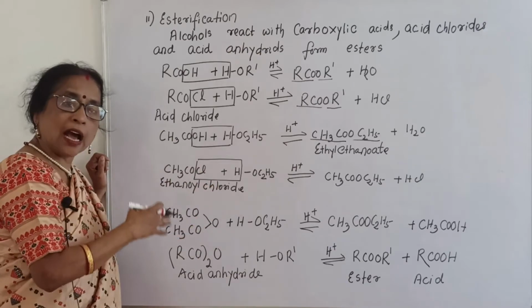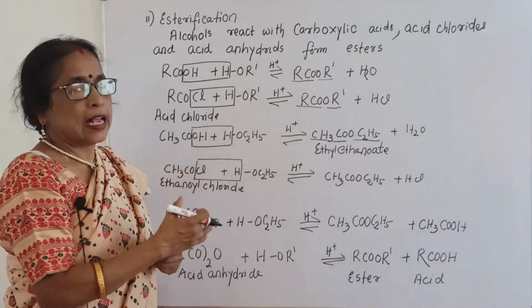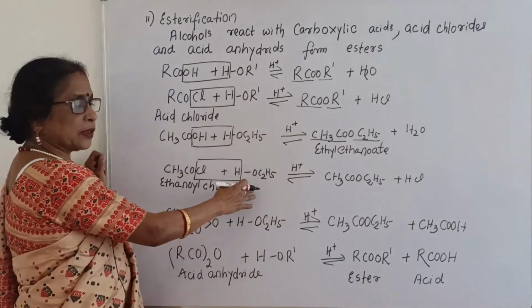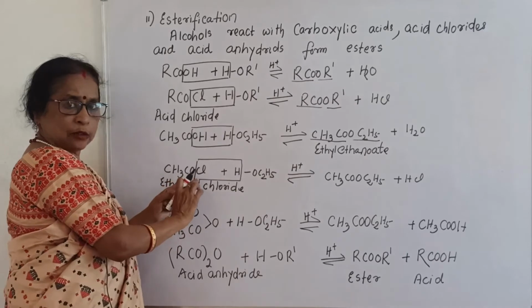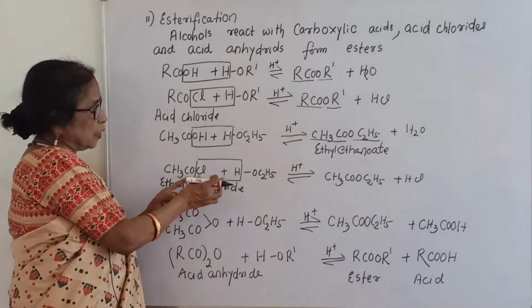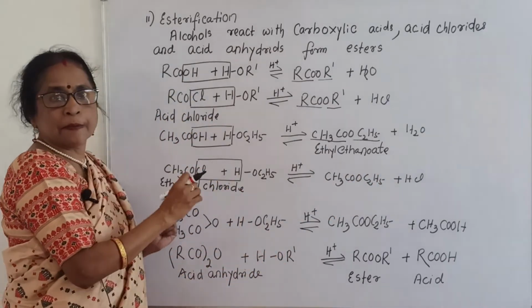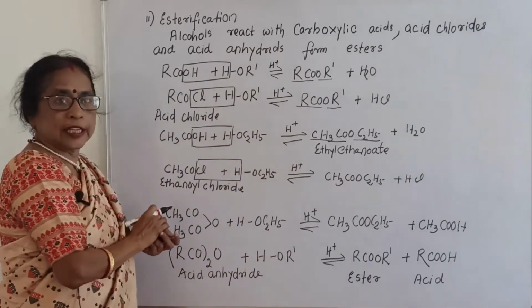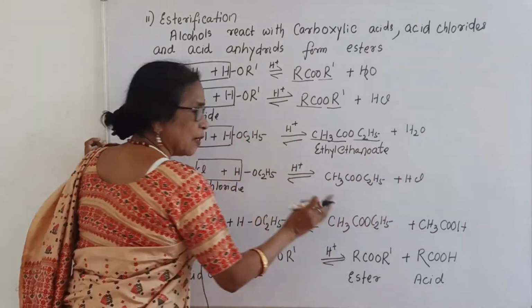When it reacts with alcohol, for example ethyl alcohol, what happens? You write this Cl and this H in this way so that you can show the byproduct. Sometimes the byproduct is very important to remember how the reaction happens. Now HCl is the byproduct, then what is remaining?